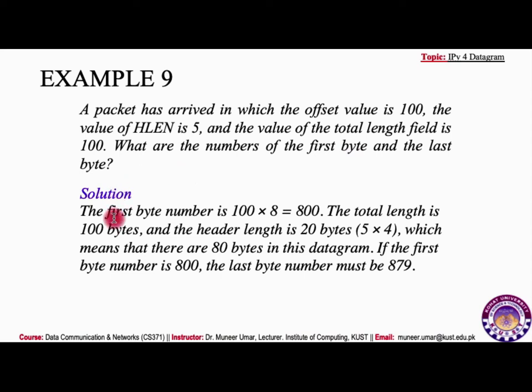So the first byte number is 100 times 8, so it would be 800. The total length is 100 bytes and the header length, as we know, is 20 bytes, which means that there are 80 bytes of data in the datagram. So if the first byte number is 800, then the next would start from 880, and in this datagram the last number would be 879.